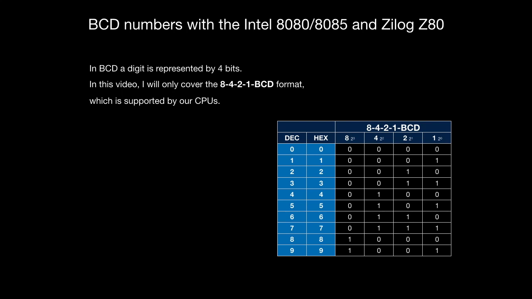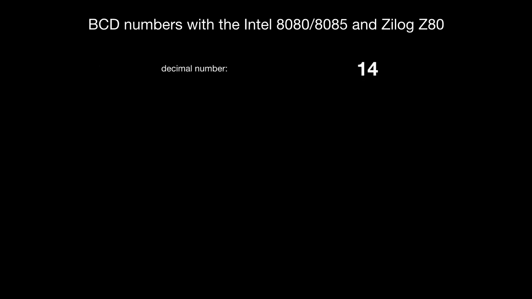Numbers from 10 to 15 are not used. Four is represented by 0100, and 1 is represented by 0001. So you need 1 byte for 2 decimal digits.